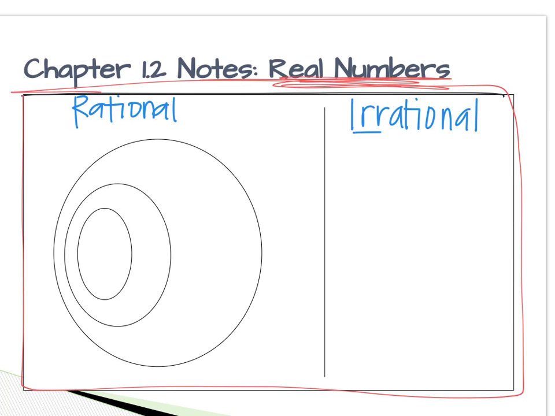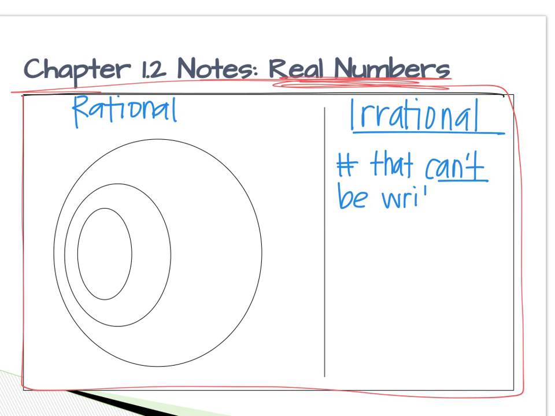Irrational numbers are essentially numbers that can't be written as a fraction.